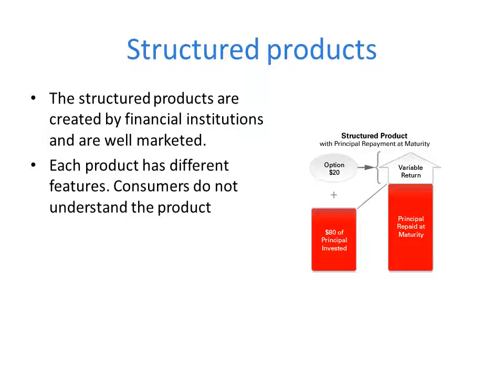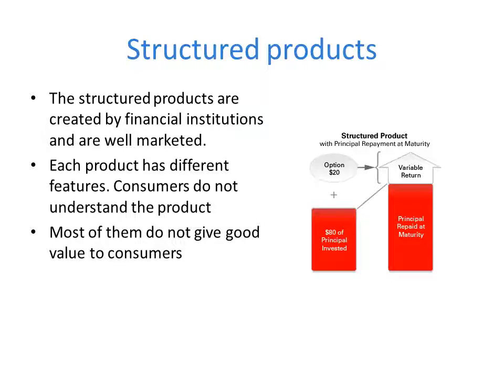Now, every product is different, so it's very difficult to explain the features of any specific product, and in most cases consumers do not fully understand the features of the product.